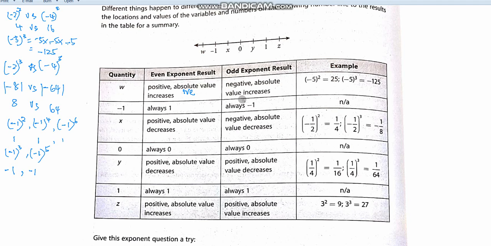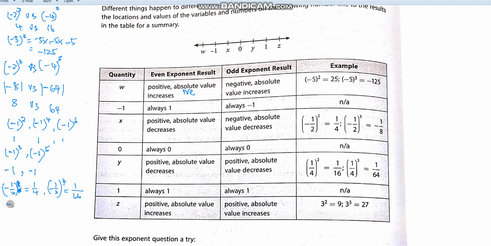But if you have an odd exponent, it's always negative. Let's take minus half, to the power of 2 first. So it's 1 over 4. You take it to the power of 4, it becomes 1 over 16.